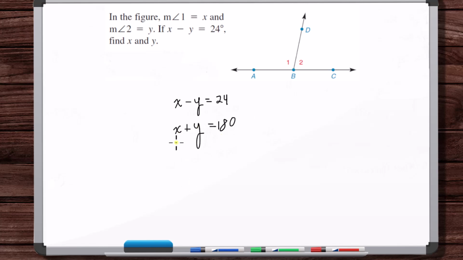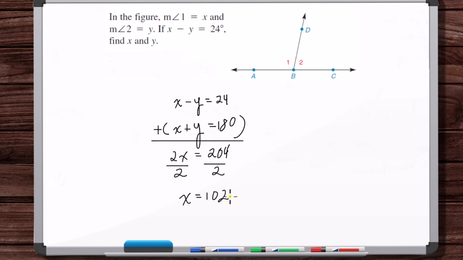So now we've got two equations and two unknowns. Let's add these two equations. So you have 2x minus y plus y goes to 0 is equal to 204. So now divide both sides by 2. That's going to be 102. So x is 102. That makes sense.